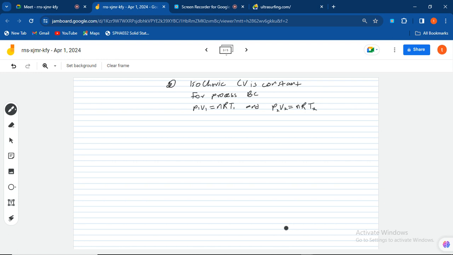We know that T1 is equal to what? 1 over 2 T2.